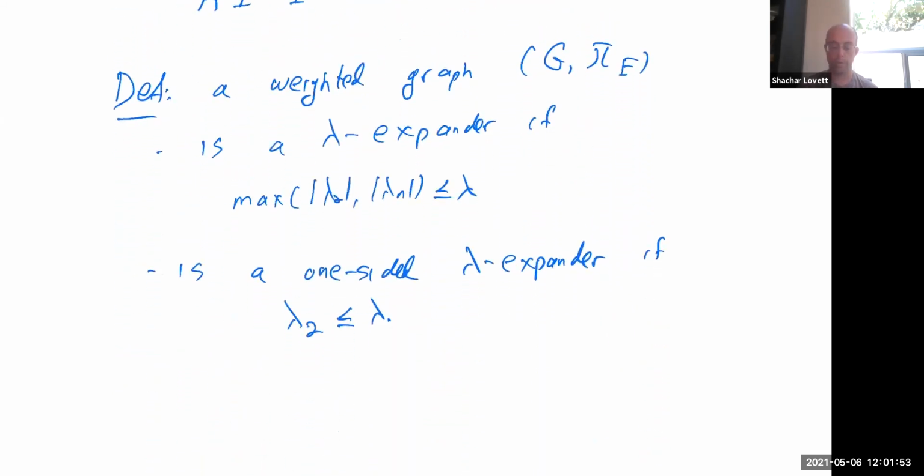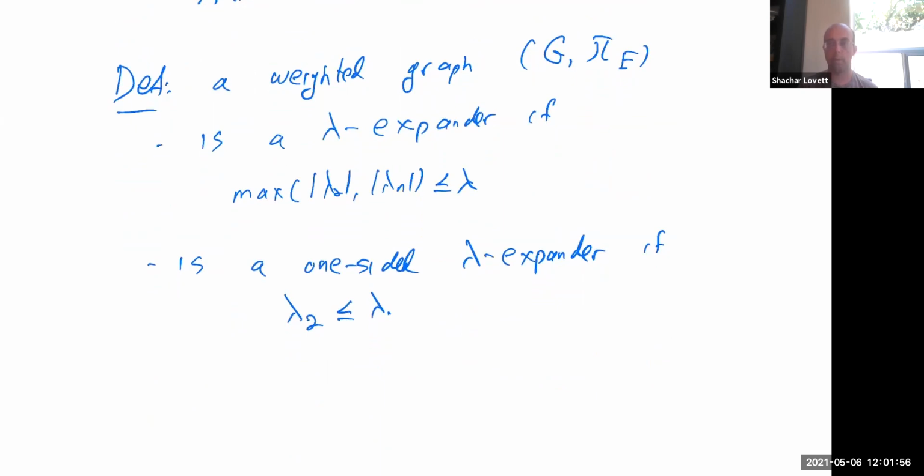Then we use this to define expanders for weighted graphs, not just for regular graphs. Notice we're not assuming the graph is regular, and we're also not assuming the weights are 1. It doesn't have to be regular, and it can have arbitrary weights. So we generalized our previous definitions in two ways.